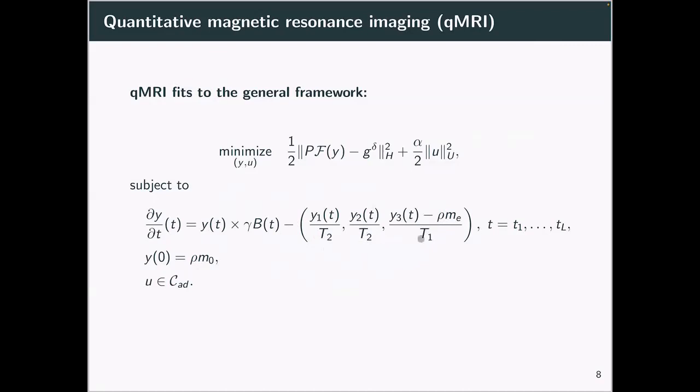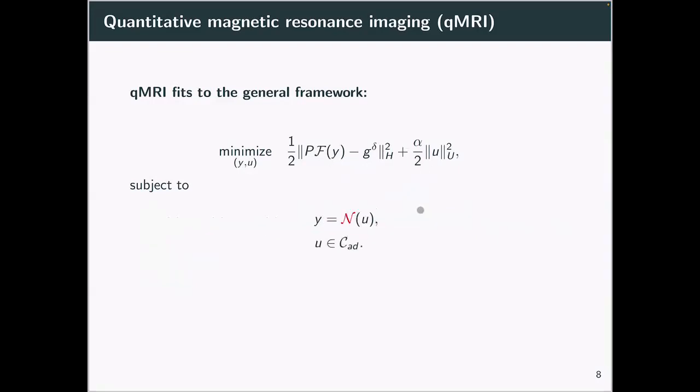We are interested in reconstructing these three parameters, which I summarize as U here. F is like the Fourier transform, and P is a subsampling operator. So we try to see how the learning-informed operator can help for this task.